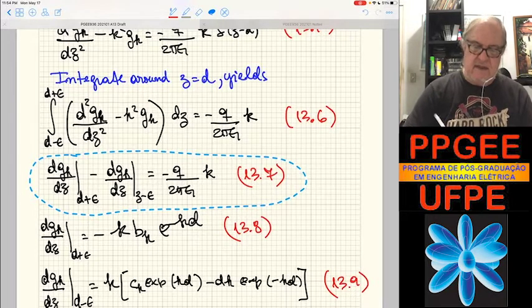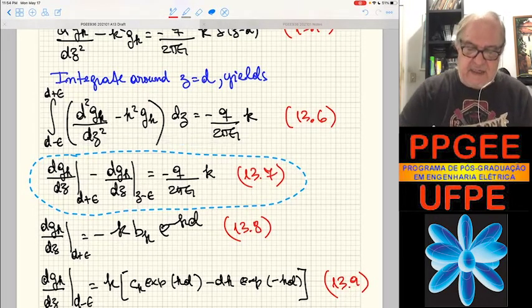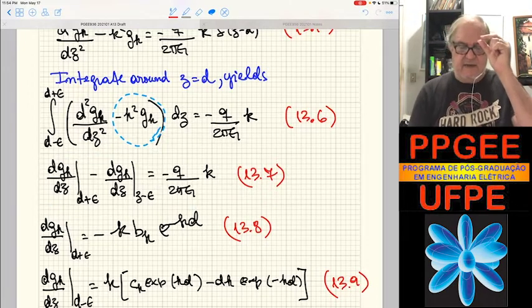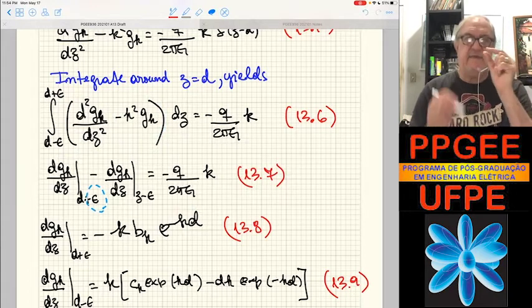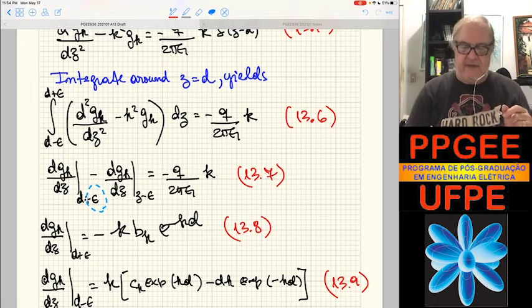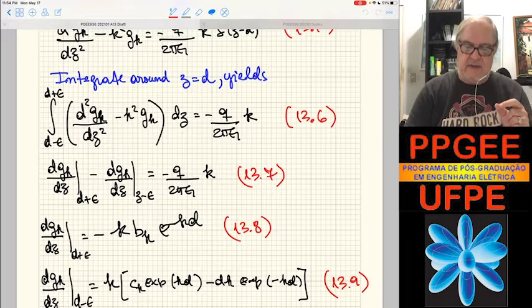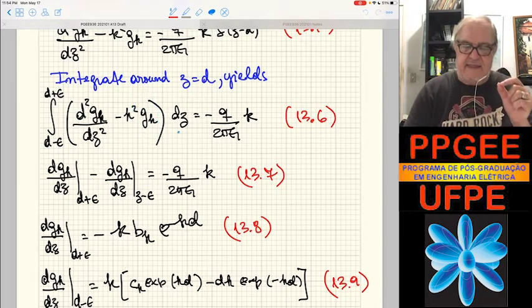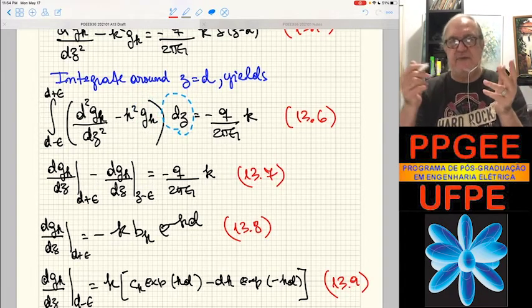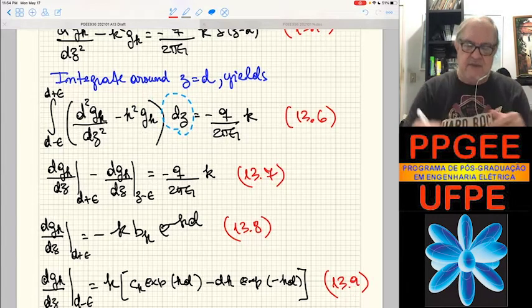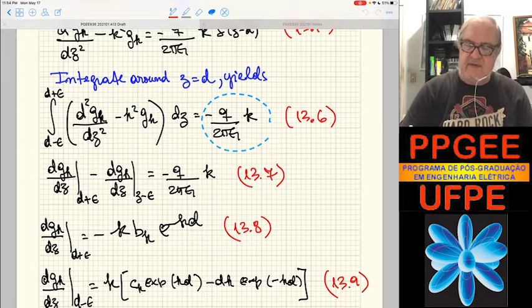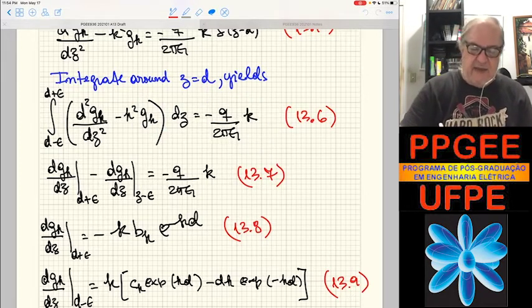This term gives a negligible contribution in the limit, where epsilon is the increment above and below, plus epsilon and minus epsilon. So this is going to be a contribution which is g at z equals z times 2 epsilon. In the limit as epsilon goes to 0, this goes to 0.